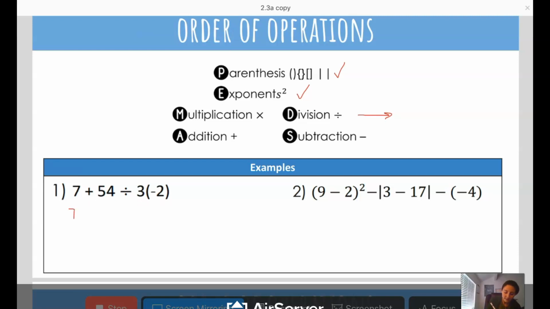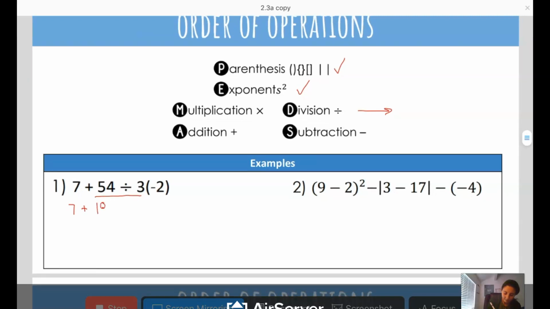So bring down that 7 plus, because we're not adding yet. Now we're going to do our 54 divided by 3. Well, 54 divided by 3 is 18. And then we're going to bring down that multiply by negative 2 because we have not multiplied yet. Now we did our division, so we have to do our multiplication.